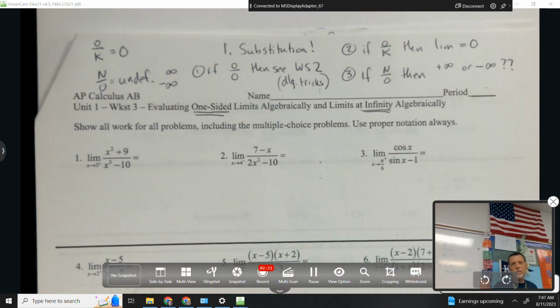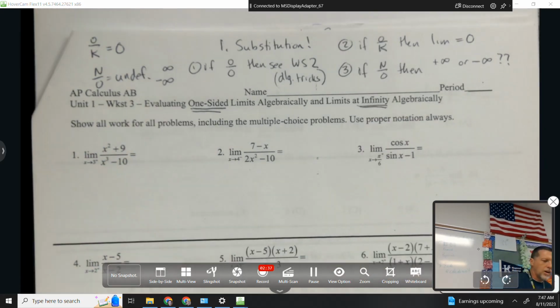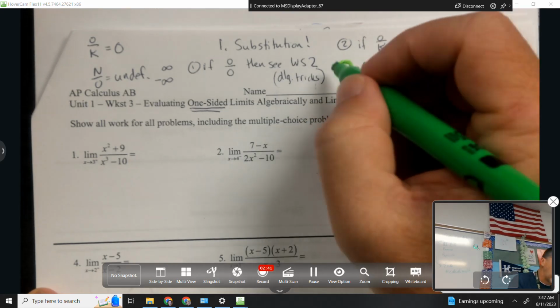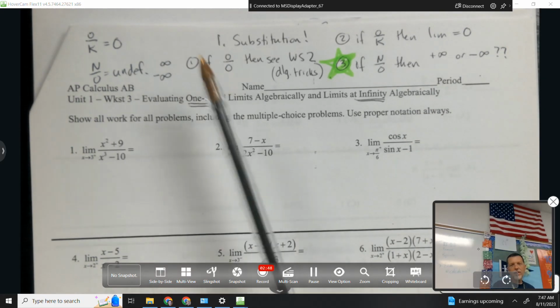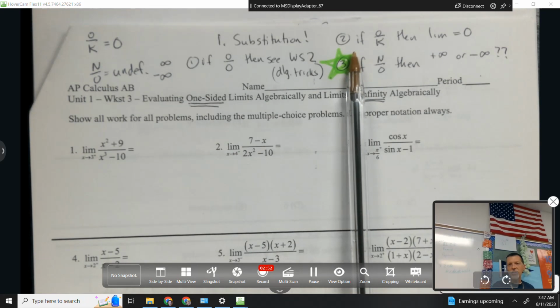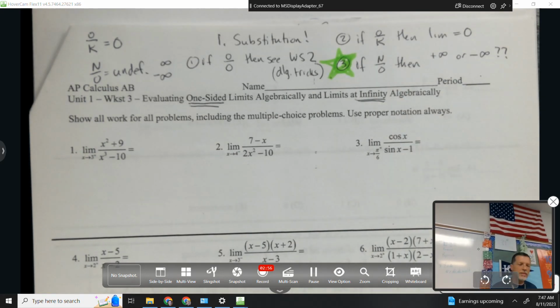That's just 0. We're fine with that. If you get a 0 in the bottom, that's going to be our big concern for today. That'll sort of be the focus of today, because we already did case number 1. Case number 2 is pretty trivial because it's just 0, and then case number 3 is we're going to have to think about things a little bit.